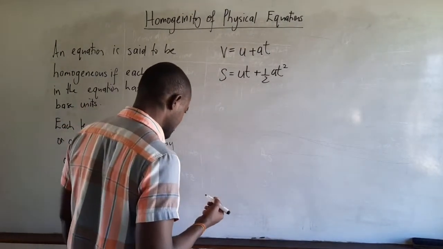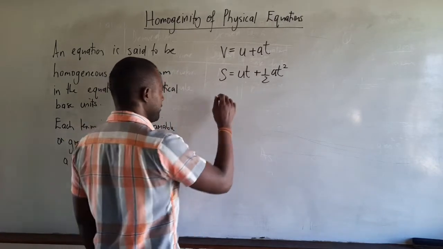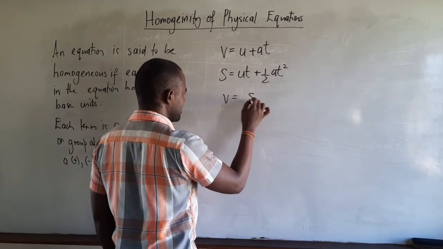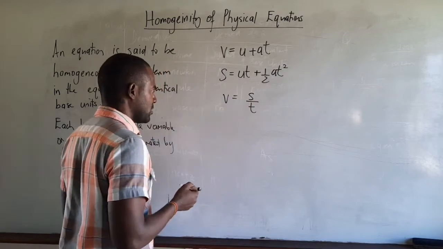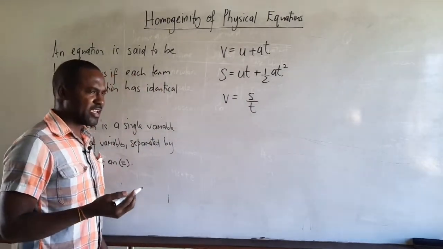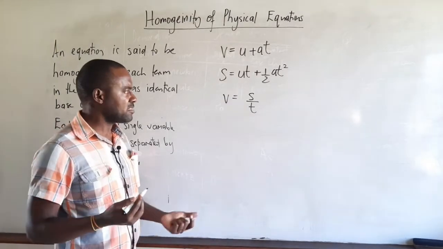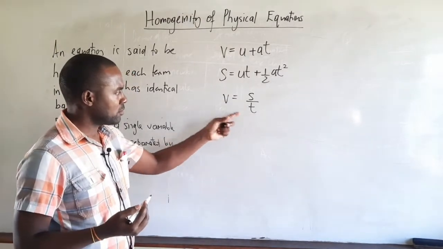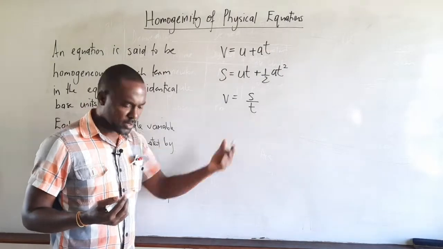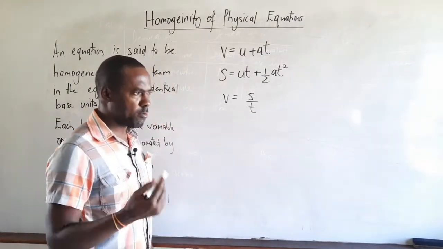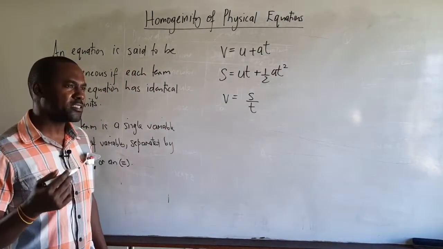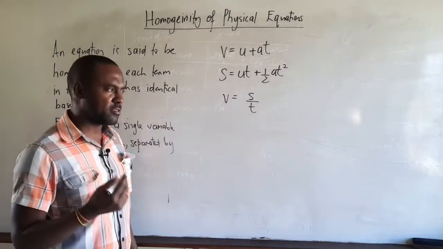Suppose we write this one. v equals s over t. Now there's only one sign in this equation, which is an equal sign, and it means that we have 2 terms, right? So typically the number of terms is 1 greater than the number of signs in the equation.